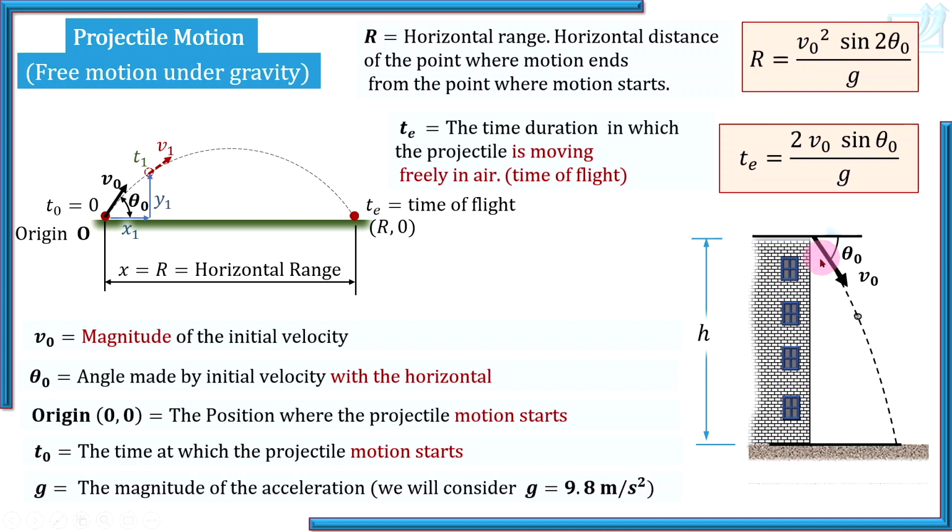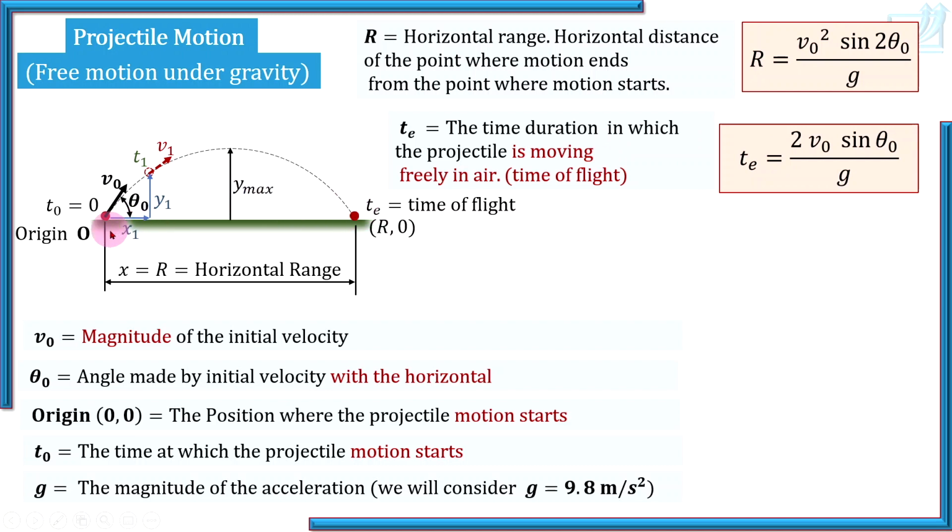In this situation, if you are asked the time of flight, the time of flight is the time duration during which the ball is in the air, and this duration you cannot find from this formula. So remember once again, it's very important: these two formulae are to be used if motion starts and ends at the same level.